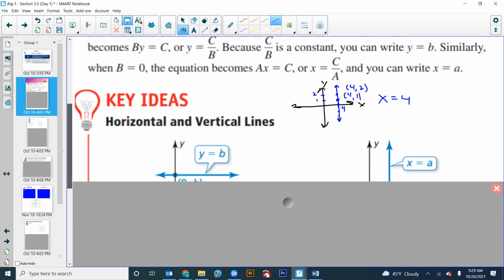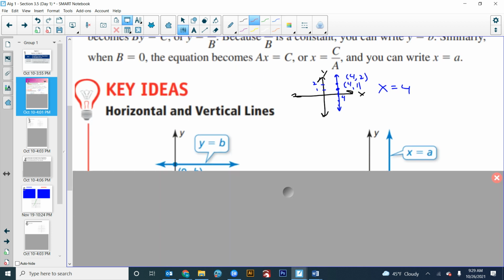Now, what about a horizontal line? Like down here at -3. What could you tell me about all of those points on that red line? Let's list some points. What's this point right here? -4, -3.